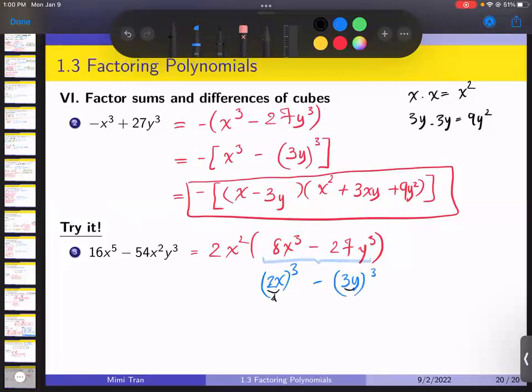That's your a, and that's your b. So I have a cubed minus b cubed. A binomial and a trinomial. So remember what I said, you cover that, right? So you have a minus b automatically. So I have 2x and 3y.